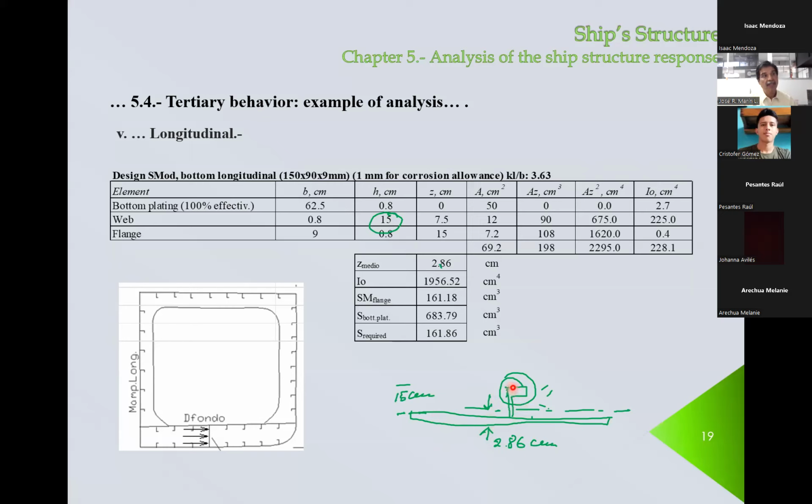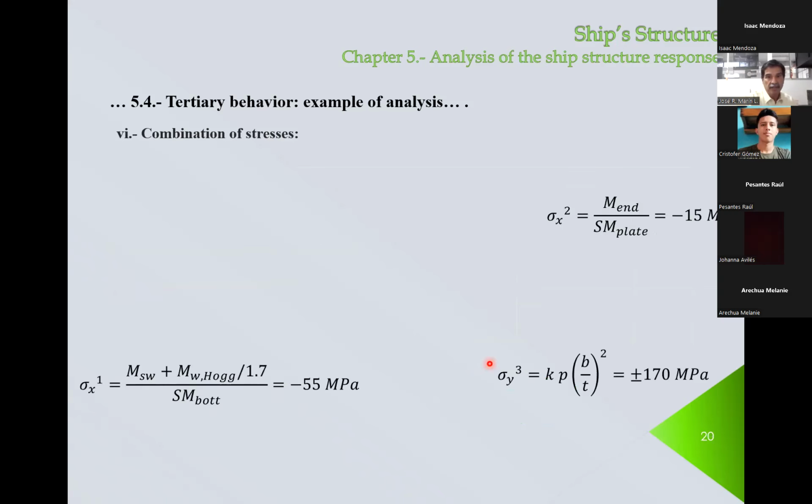Why? Because the distance from the plate to the neutral axis is very small, about 2.85 or 86 centimeters, while the height of this web is 15 centimeters. These details have to be in your mind.